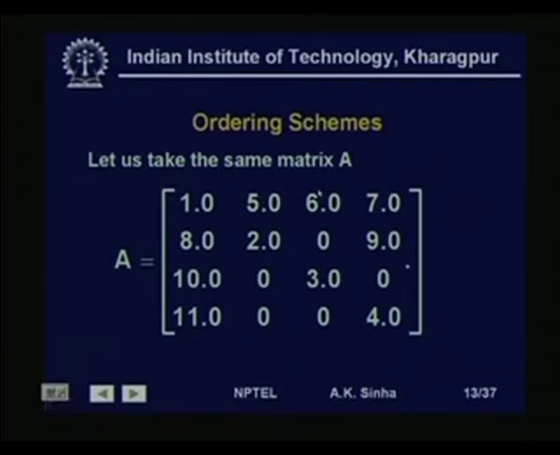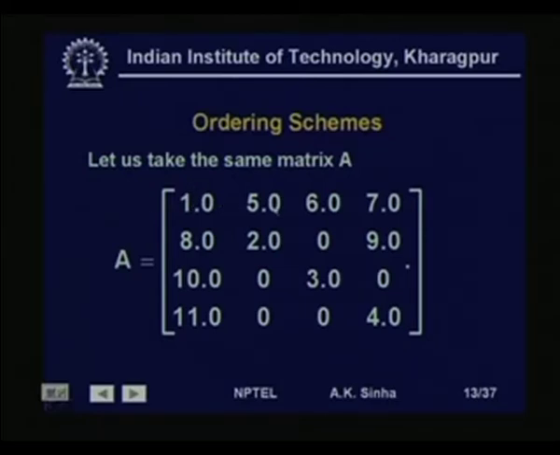This row 3 is having 3 non-zero elements, and so this is numbered as 3. So, this is 3 and this is 3, and the first row has 4 non-zero elements, the largest number of non-zero elements. So, this is 4 and this is 4. So, this is ranked 4 and 4.